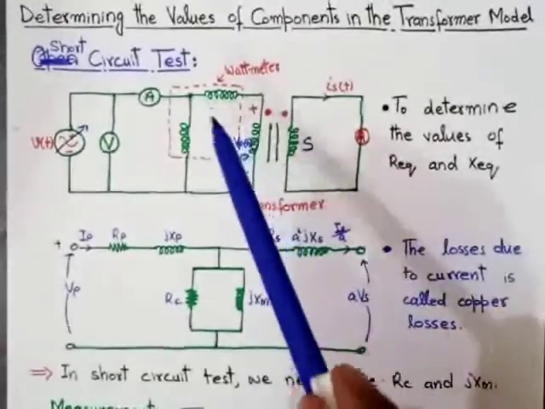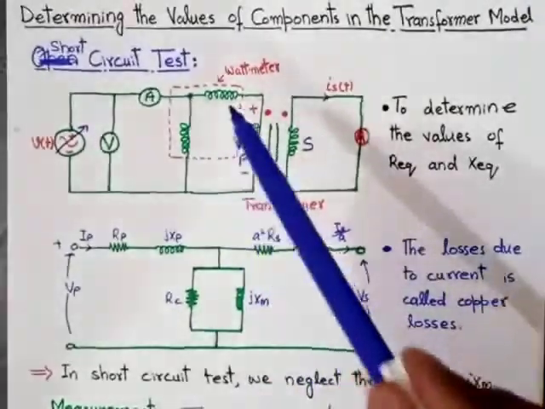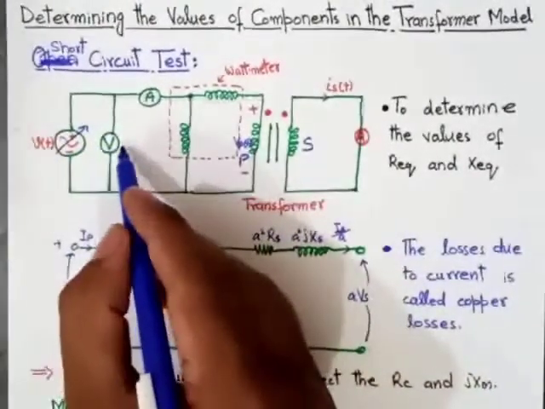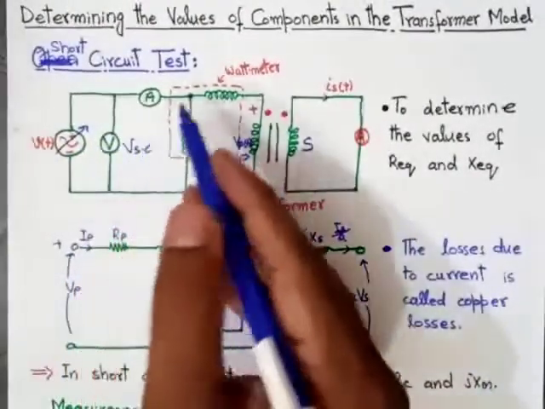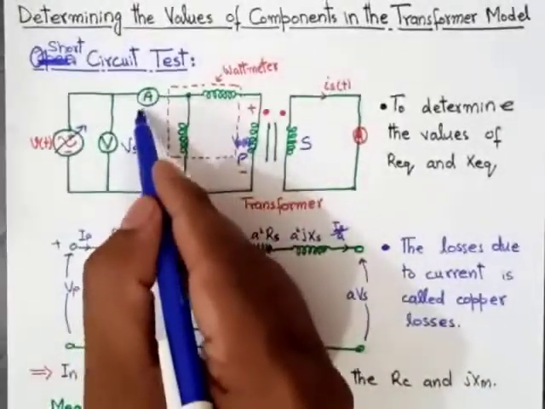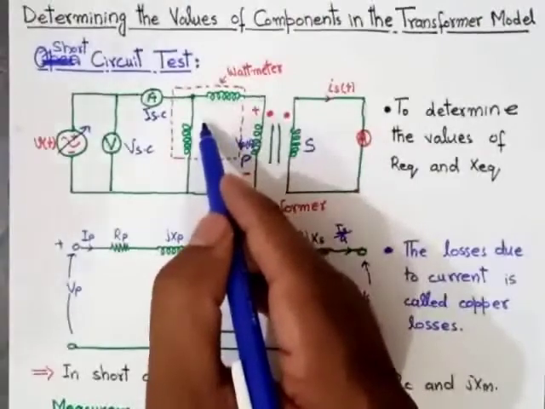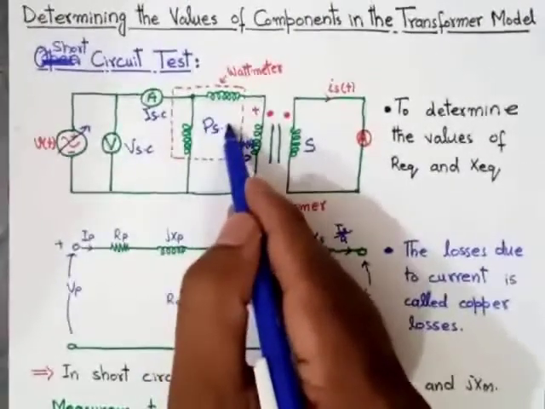This wattmeter will measure the short circuit power, this voltmeter will measure the short circuit voltage, and this ammeter will measure the short circuit current.